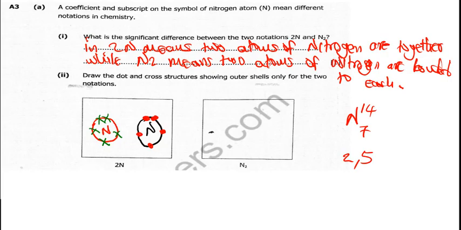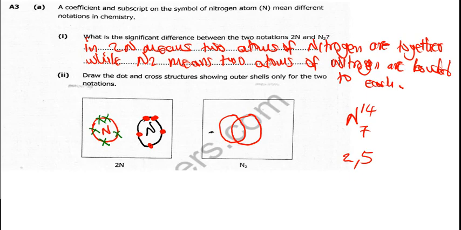So this is the orientation in the first notation. Then we go to the other notation, which says N2. This means two atoms of nitrogen bonded to each other, so we're going to have this kind of orientation.